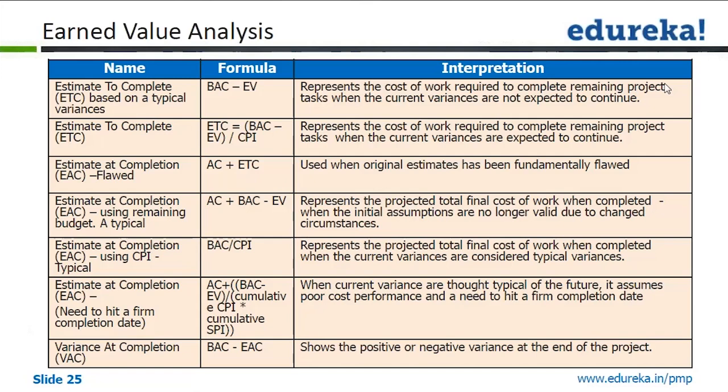Now this is calculated when you are calculating CPI SPI at each stage. That's why cumulative CPI and cumulative SPI. And the final positive negative variance is shown by BAC minus EAC. So estimated budgeted completion minus estimated completion is your variance at completion.